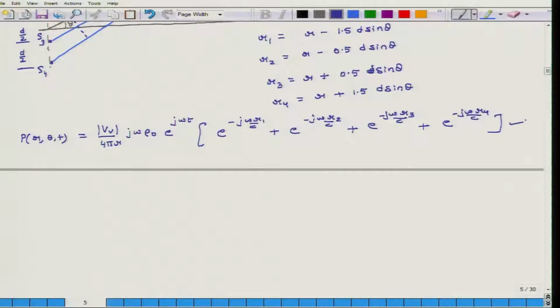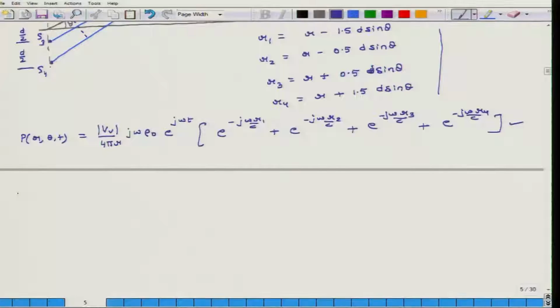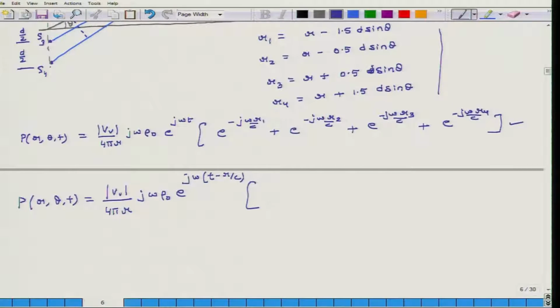Now, in this relation we substitute expressions for r1, r2, r3, r4, and we can take R outside the bracket because it is common. So, what I get is p(r, theta, t) is equal to VV divided by 4 pi r, j omega rho naught e to the power j omega t minus r by c, and in the brackets what do I get?